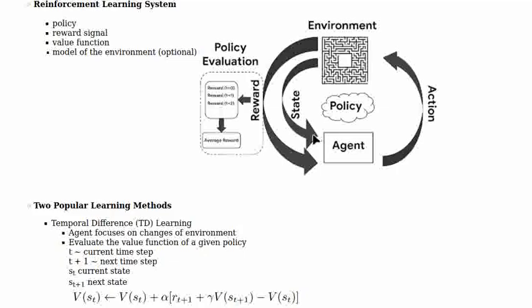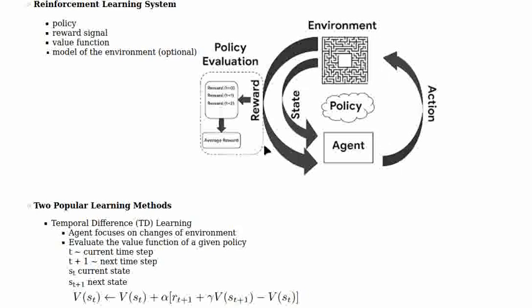This means a state might have a low immediate reward, but high value if it leads to rewarding future states. Or a high immediate reward, but low value if it leads to poor outcomes later on. The value function helps the agent look ahead, evaluating not just immediate rewards, but also how current decisions affect future possibilities.